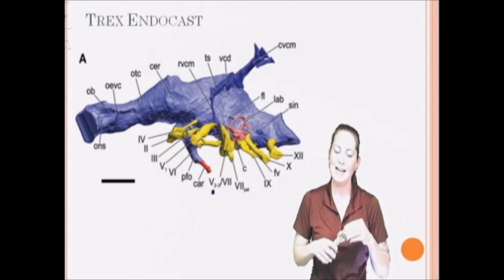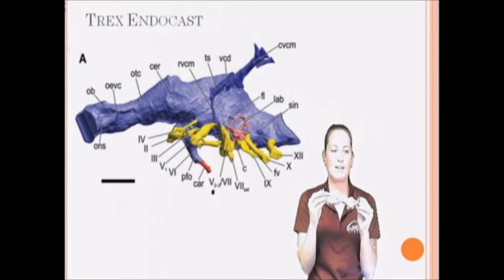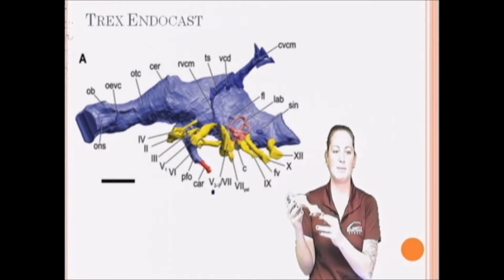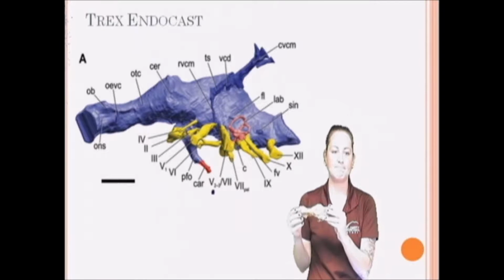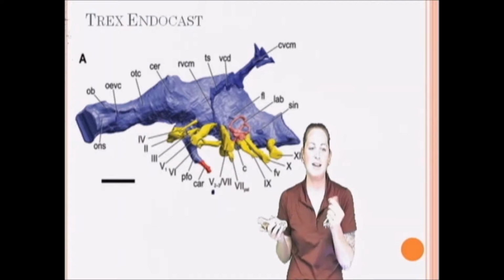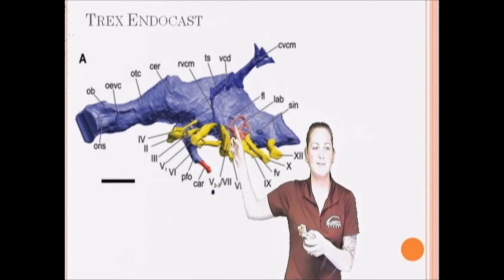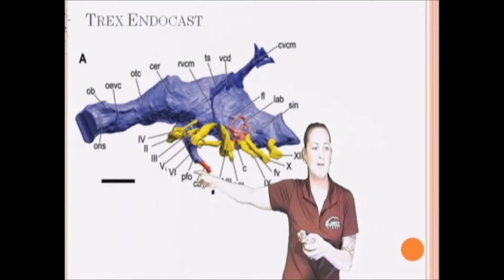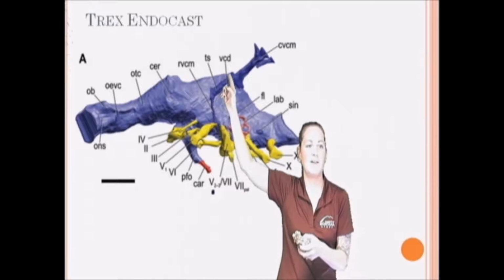So can anybody identify the olfactory region? So I've got my specimen pointed the wrong direction. There we go. So the smelling region of the brain. And you can describe it using any of these symbols, the Roman numerals, the letters, anything like that.